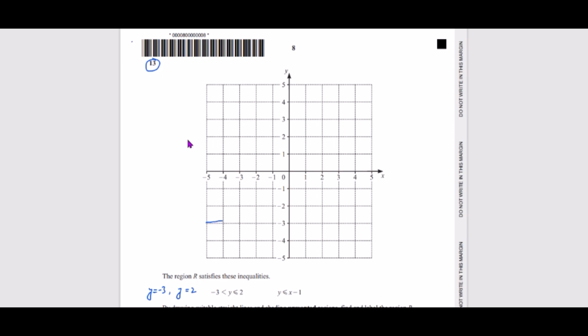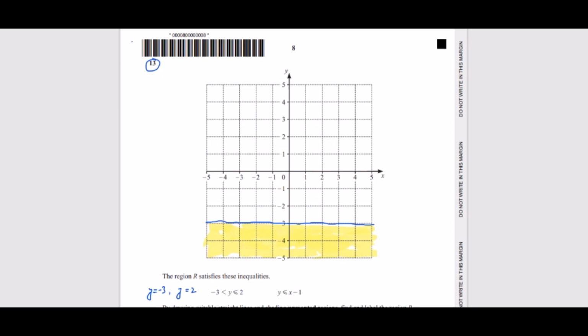This is below the origin, so shade these areas like this.